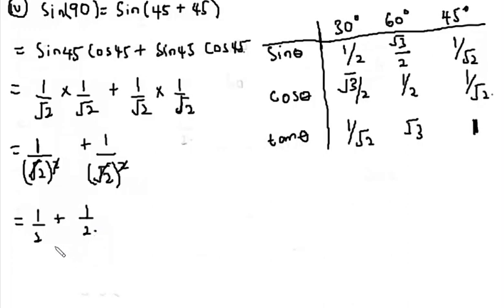So LCM here is simply 2, and then we have 1 plus 1 for the numerators, so this is equal to 2/2. 2 into itself is 1, so we know that 1/1 equals 1. So this simply means that the sine of 90 has a value of 1.